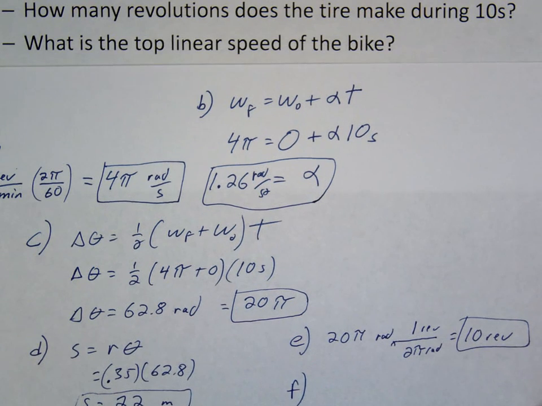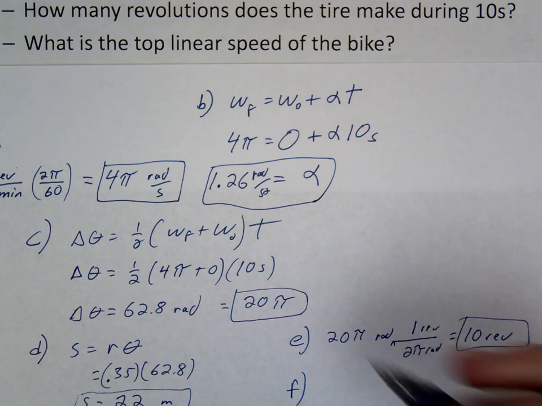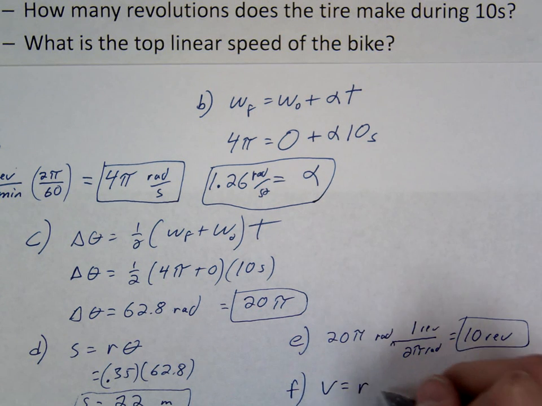Right, last question. How fast is it moving at its top speed? What's the velocity of this bike at that top speed? How do we go from angular velocity to velocity? Multiply by the radius. V equals R omega.